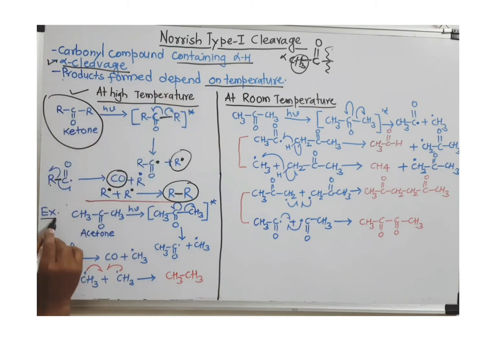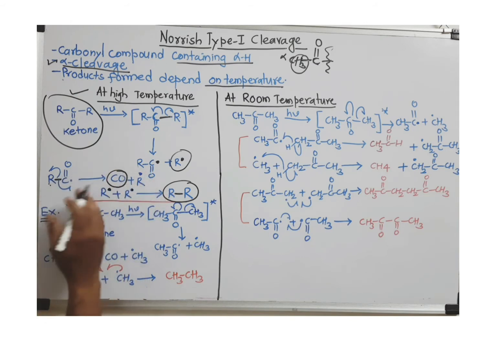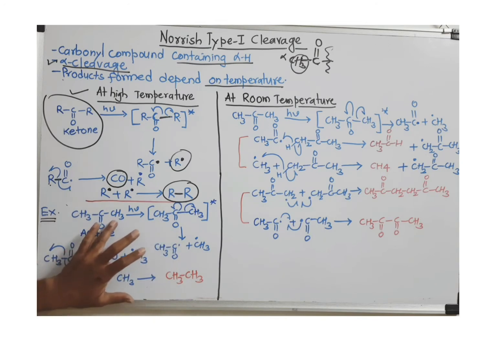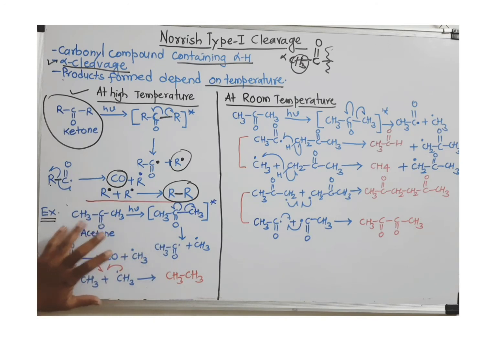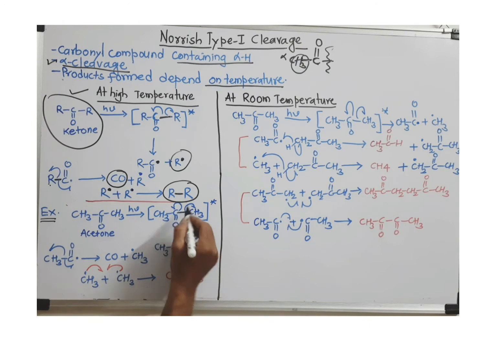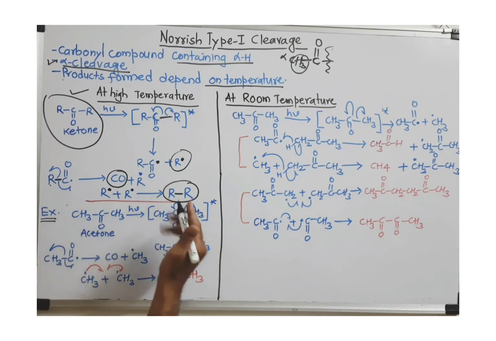Now we can consider one example by taking the simple ketone acetone. This acetone is a symmetrical ketone, because both alkyl groups are methyl, similar. So you can select any one of these groups for the homolysis.